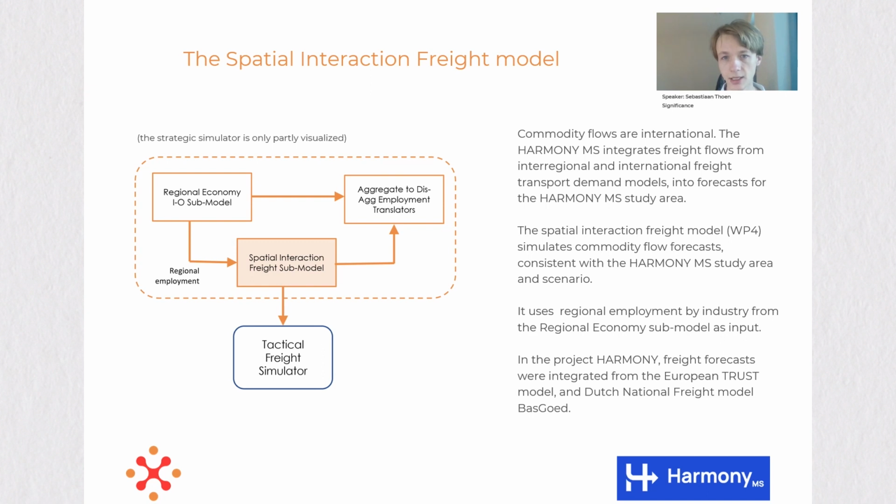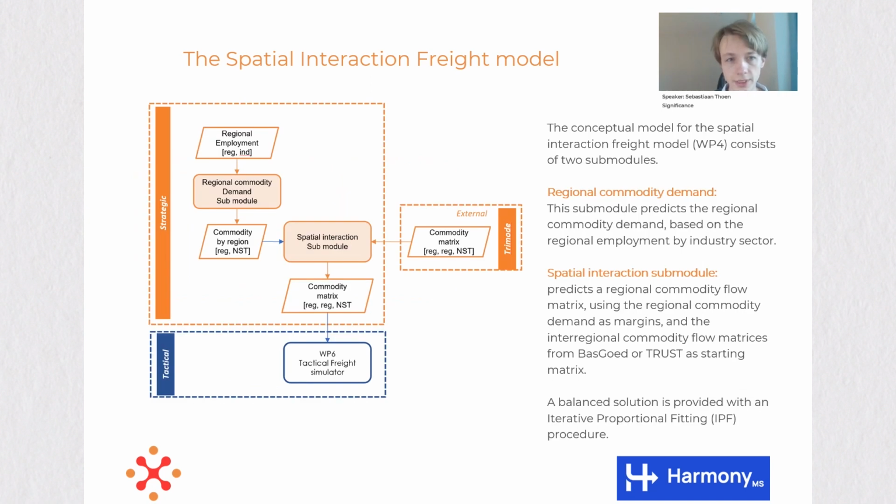And another input this model uses is the employment in every zone by industry sector. And for this, for example, we can use the outputs of the regional economy submodel. So in this figure, you see a bit more how the module works. The module uses the regional employment to calculate the total commodity demand in every region.